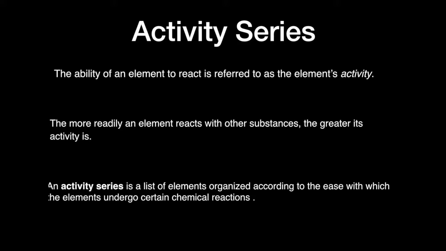The ability of an element to react is referred to as the element's activity. The more readily an element reacts with other substances, the greater its activity is. An activity series is a list of elements organized according to the ease with which the elements undergo certain chemical reactions.